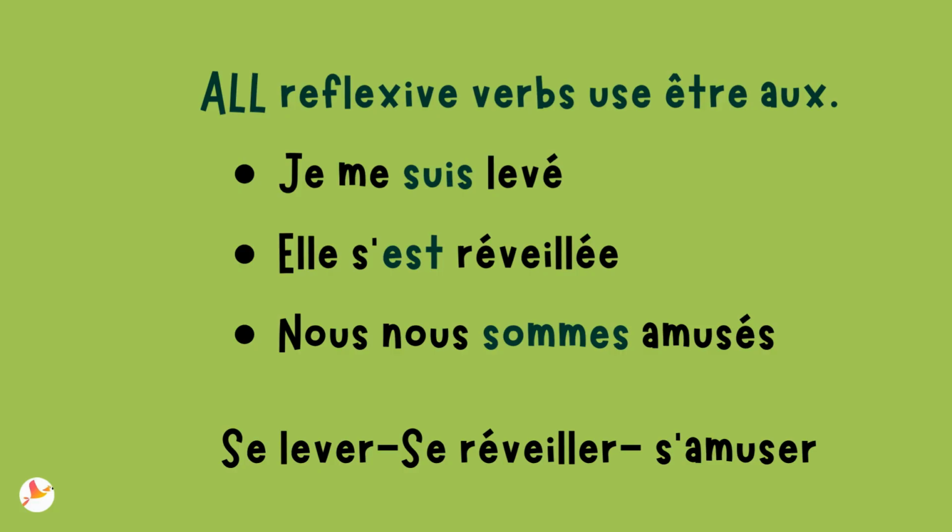Nous nous sommes amusés, we had fun. So let us learn the sentence structures and let us learn the verbs which require the être auxiliary: Dr. and Mrs. Vandertramp verbs and the reflexive verbs.